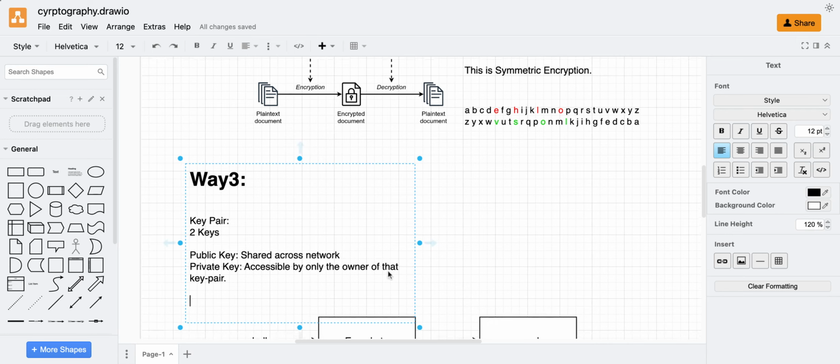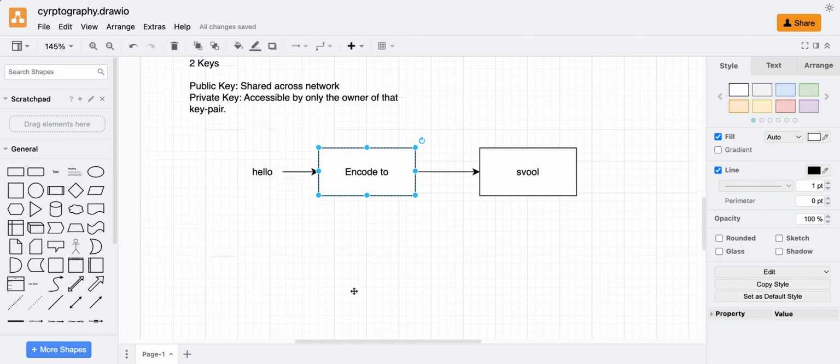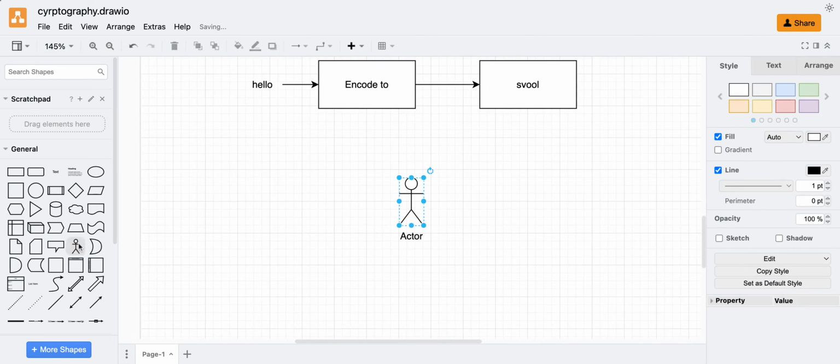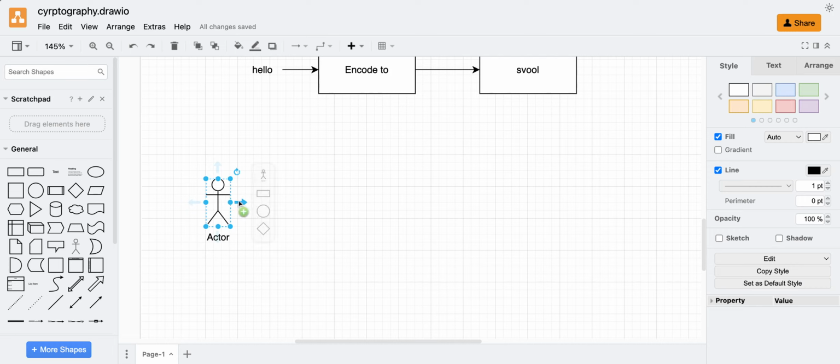So how we are going to use it is, let's say I have a user. Same thing, this user A wants to send a message to user B. Same message, hello.